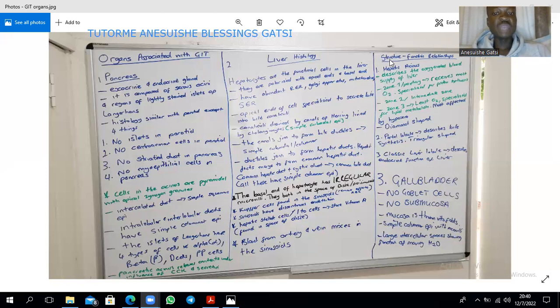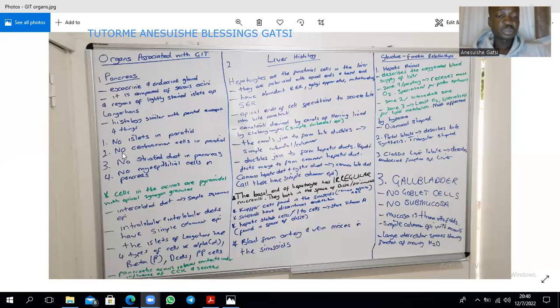Then the central acinar cells that I described belong to your pancreas, these central acinar cells are actually going to be squamous, and they lack the secretory granules that are typical to the other cells that you find in the pancreas.